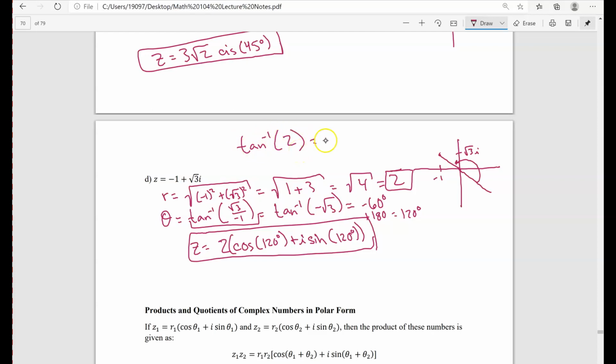So remember, this would be the exact answer. And then for the approximate answer, that's when you're going to put it in the calculator. So just keep in mind that when you find the value of theta, they're not all going to be nice. Okay, so just keep that in mind.